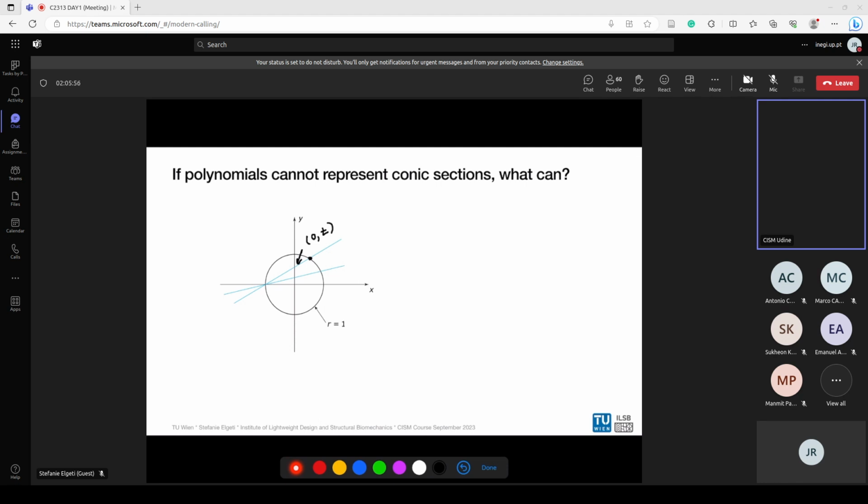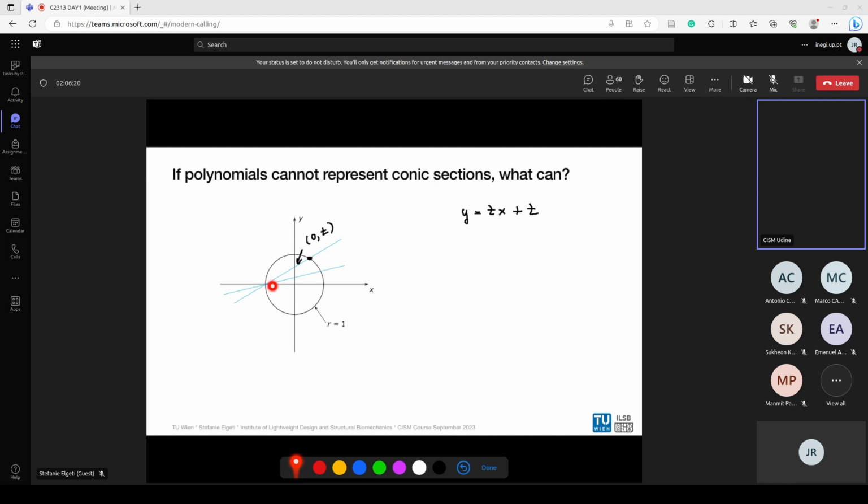So those blue lines can be expressed as y is equal to t times x plus t, because we have the slope. Just by definition, we have a rise of t and a run of 1. So the slope is going to be t, and the intersection with the y-axis is going to be t.